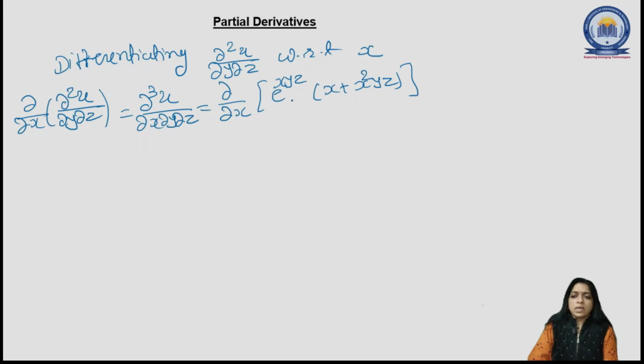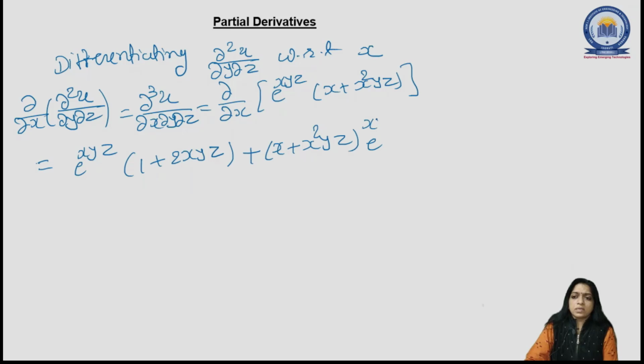Okay, so again I am going to apply the multiplication rule, and that is here e raised to xyz keep it same, and the derivative of this bracket with respect to x is 1 plus 2xyz, right? Plus this bracket keep it same, x plus x square yz, and the derivative of e raised to xyz is e raised to xyz into yz.